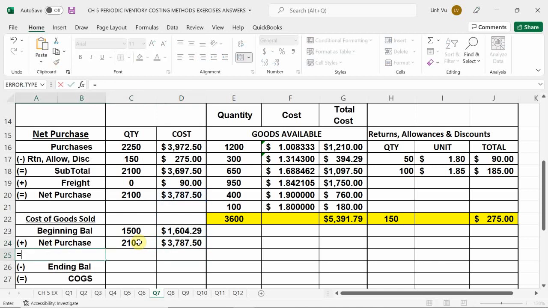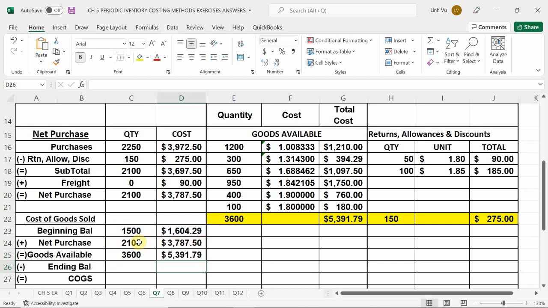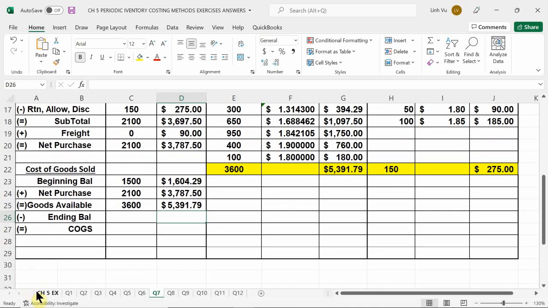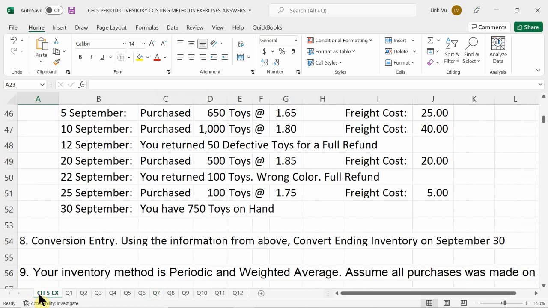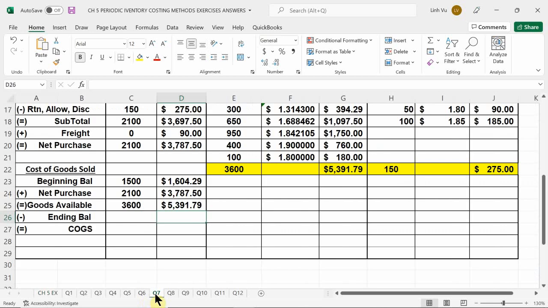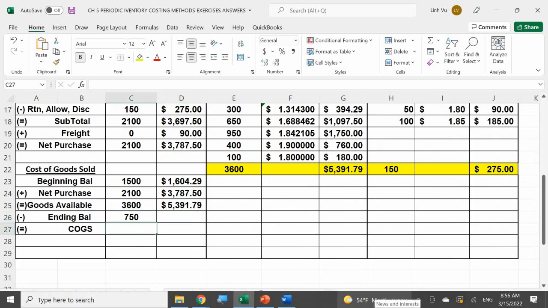To give us our grand total goods available to be 3,600 units at a grand total cost of $5,391.79, right? Which is what we solved in our goods available table above. Okay. So let's see. We have on September 30th, you should have a total of 750 units left on hand. 750. So in this case, how much is my total cost of goods sold?